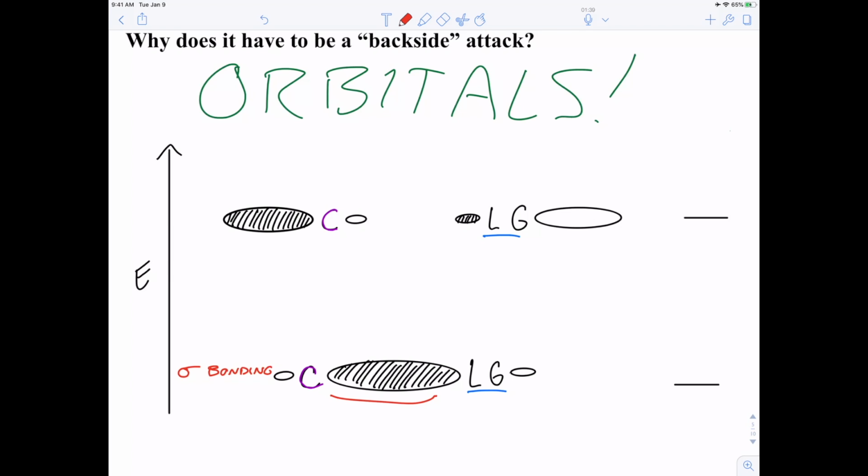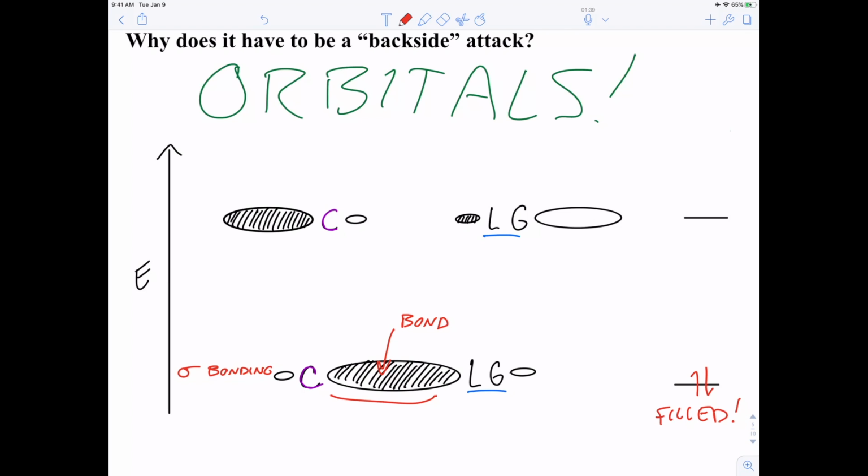So this is just actually the bond existing. And because it exists, that's the good interaction, the good orbital overlap that is lower in energy. Remember, we're on an energy axis here. So that orbital is going to be filled with electrons.